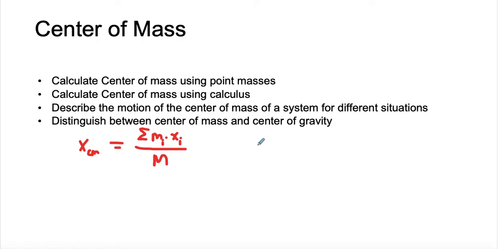So you need to know that, but also using calculus, we would have to do it using the integral function. So it's 1 over the total mass times the integral of x dm.